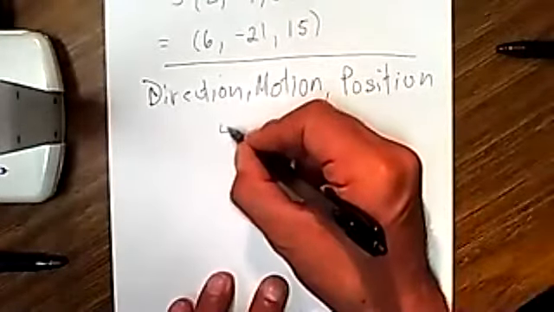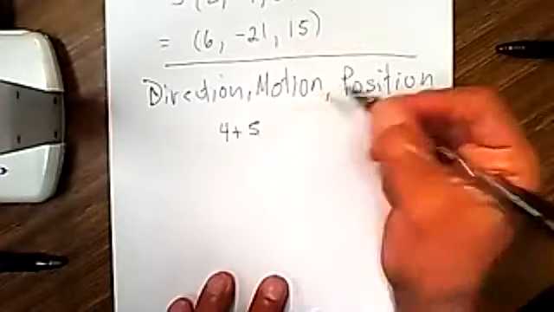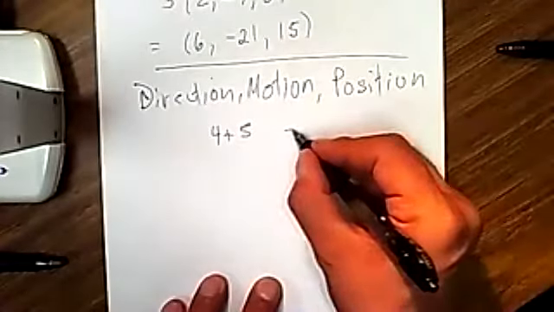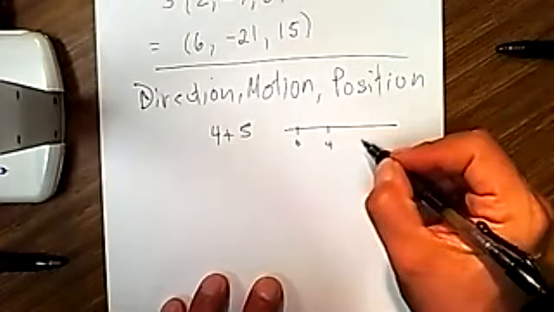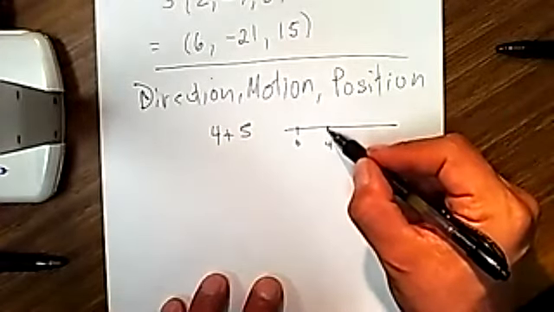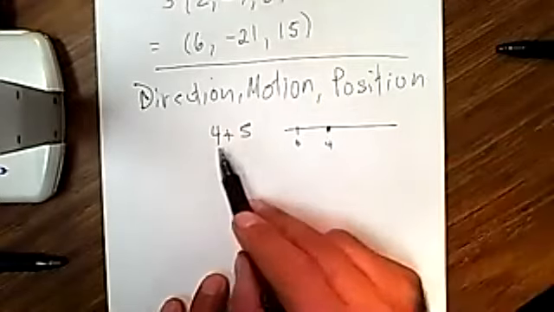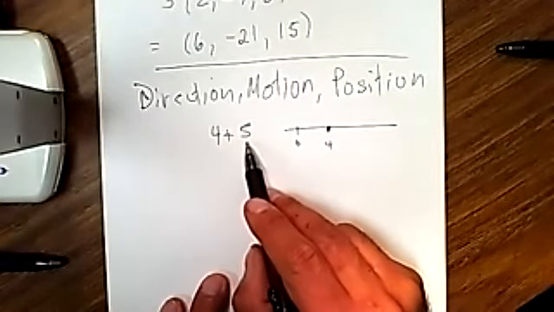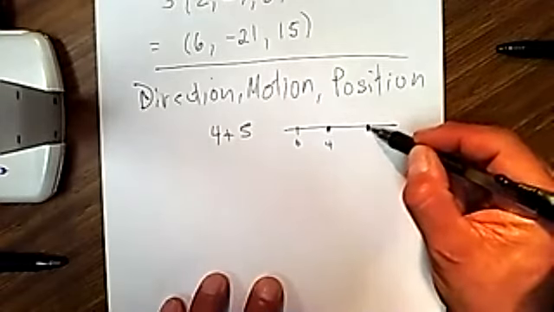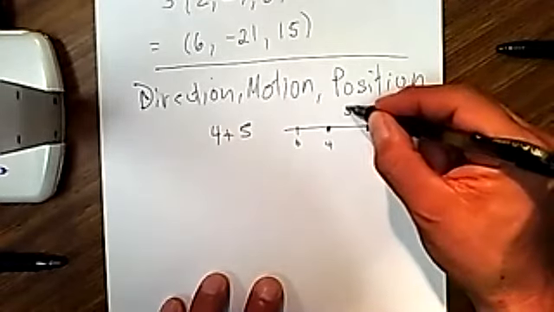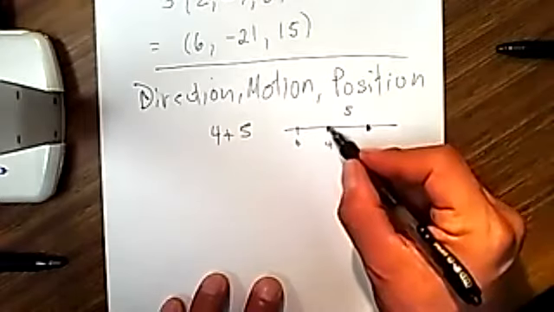If you have 4 plus 5, and we look at this on the number line, there is 0, 4. So we start with the position 4. So this 4 represents position. And then we're moving 5 units to the right, 5 units this way.